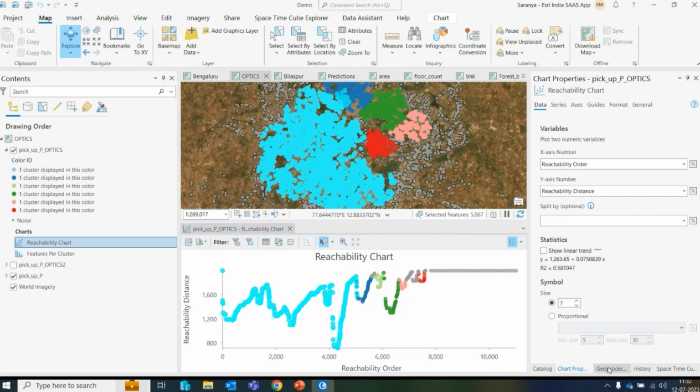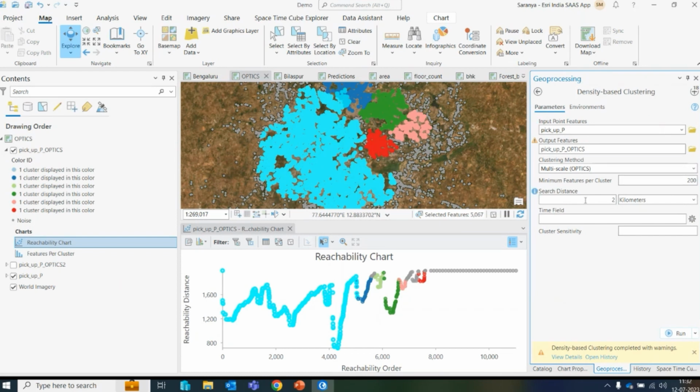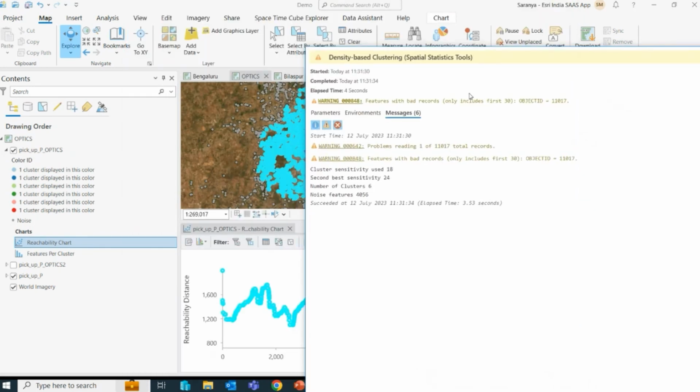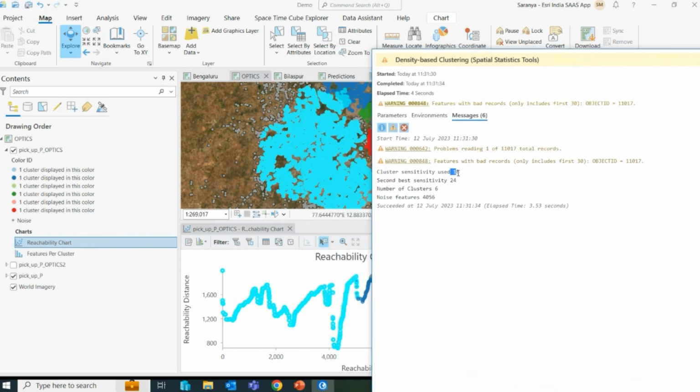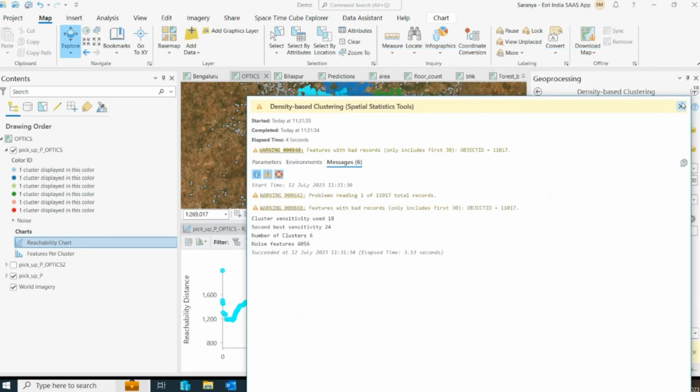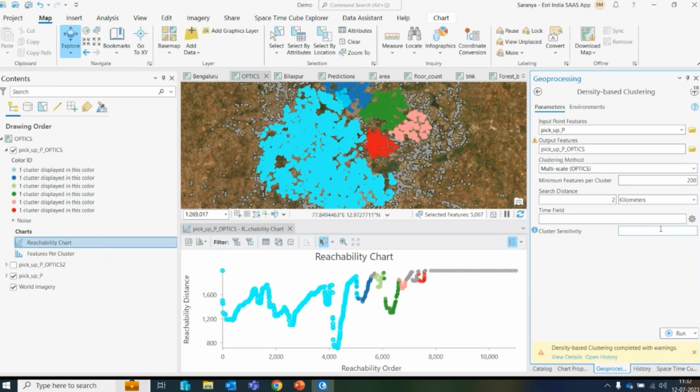When I ran OPTICS earlier, the tool suggested that the cluster sensitivity it used was 18. The second best sensitivity is 24. So if I want to fine tune this, I can just add the suggested cluster sensitivity here and run this analysis again.